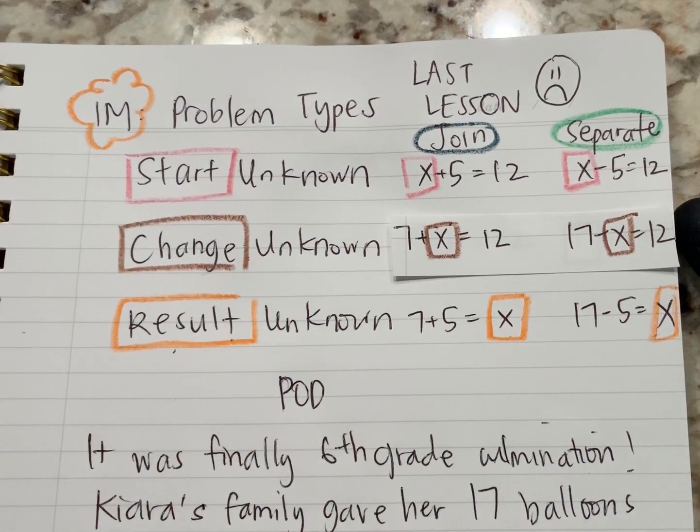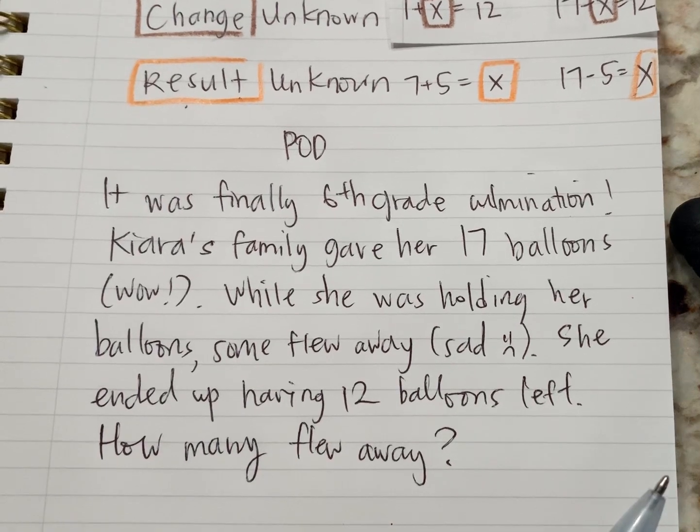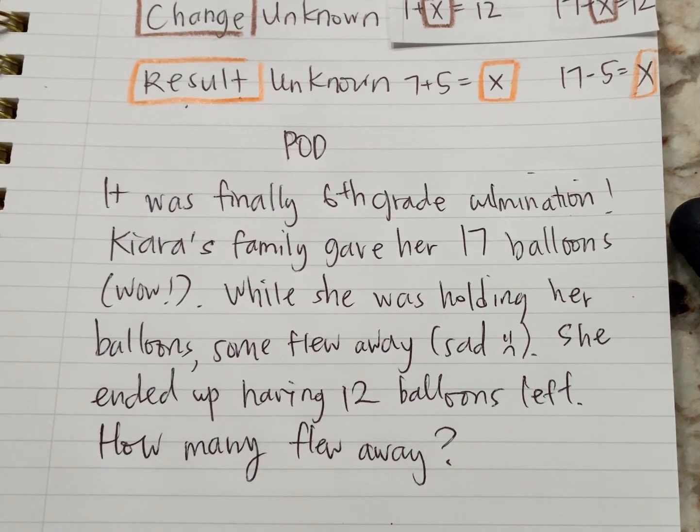I'm going to go back up here real quick and think, I wonder what the POD is asking, okay? It says, how many flew away? I want you to look at the POD and think, what information do I know?